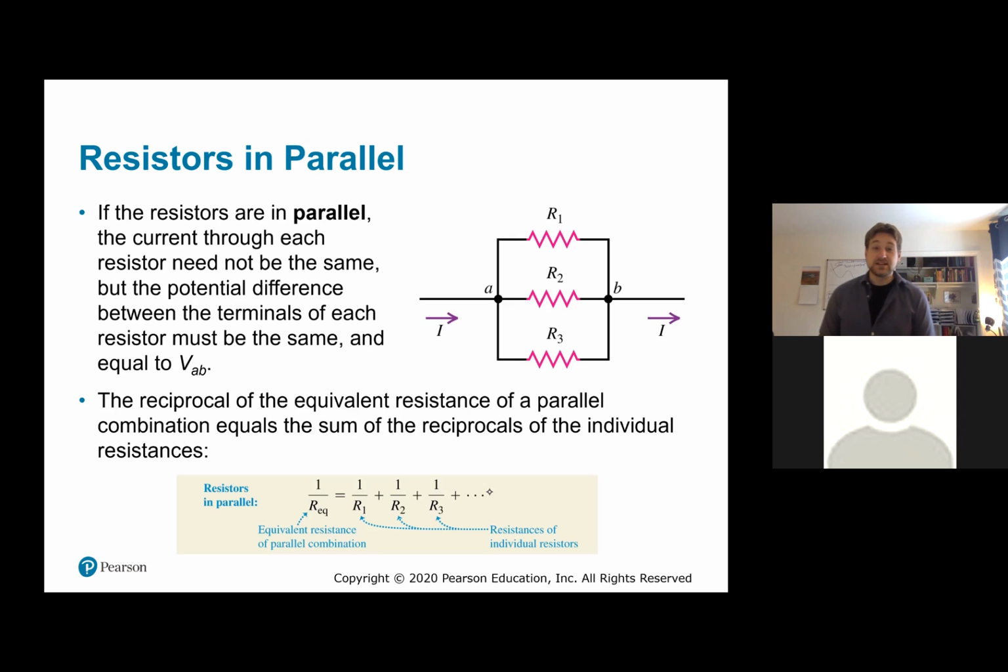There's a job that needs done. We've got to get charge from point A to point B. If all three of these resistors work together, that's better than if only one of them does it. R1, it's going to take some amount of energy to move charge through R1 only.